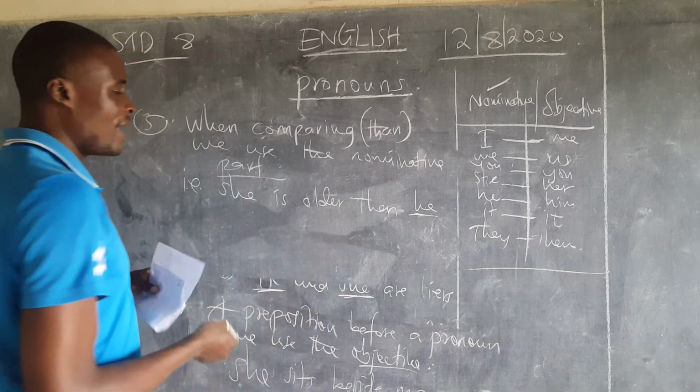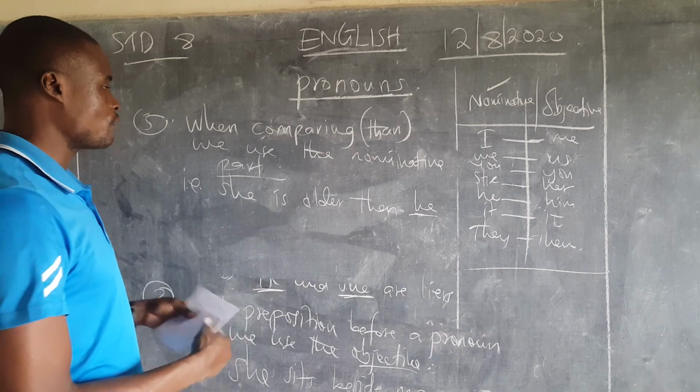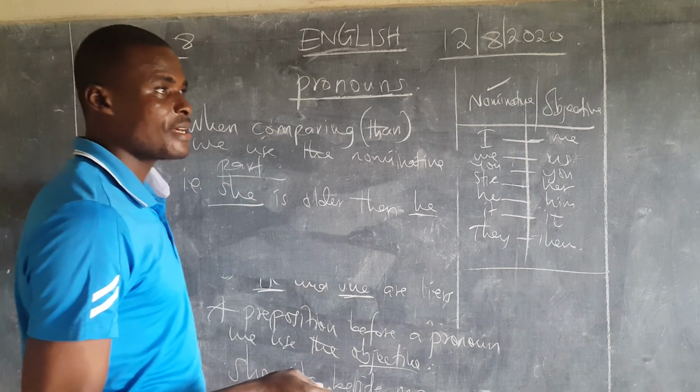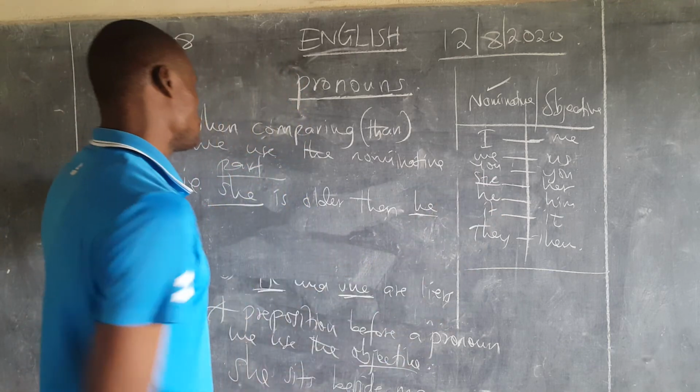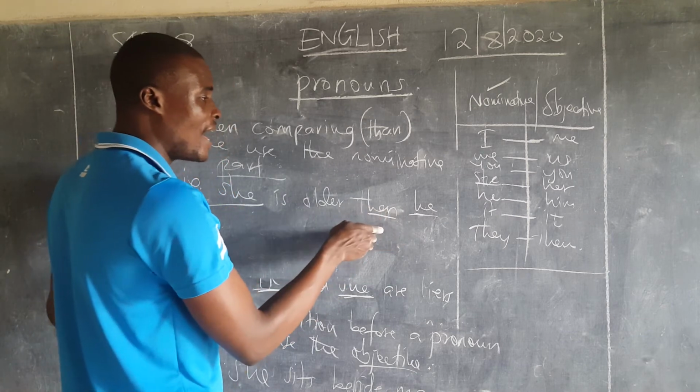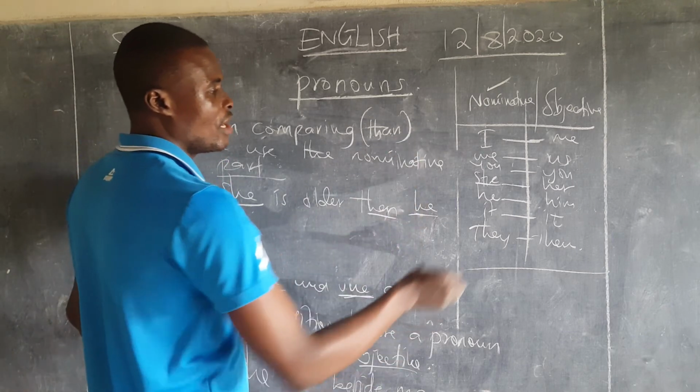So when we compare in this category, Lana, talk of she. This one is the first we have mentioned as our subject. That's why we say she is older than he. Now talk of this subject.